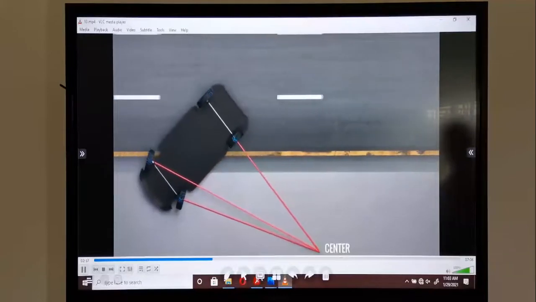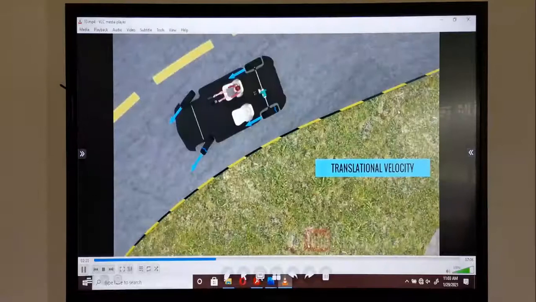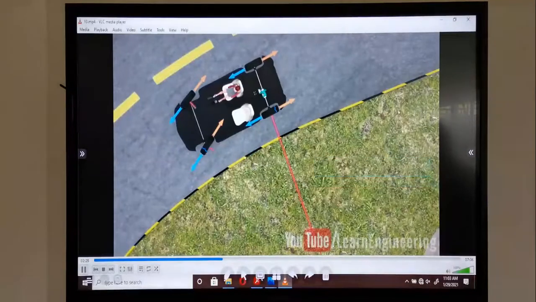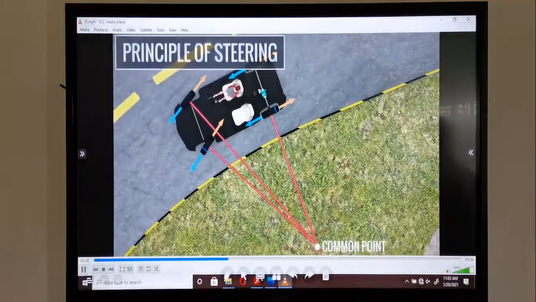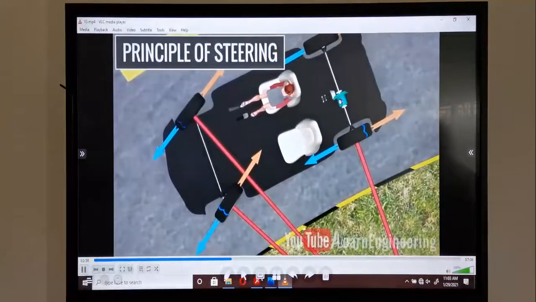Now it turns about a central point. Here you can see that the blue color is the translational velocity and yellow is the rotational velocity, and the perpendicular lines of those forces are connected at a center point.